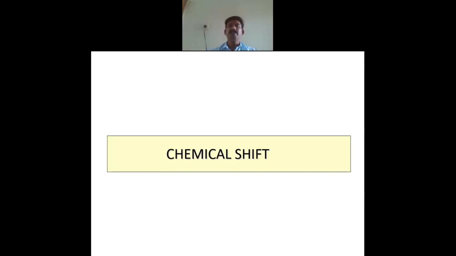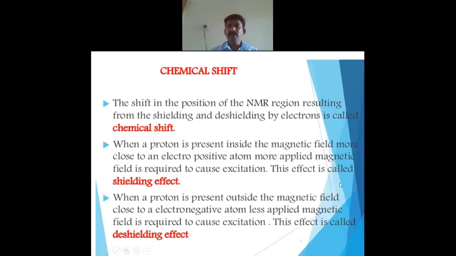So what is meant by the chemical shift? What is the definition? The chemical shift is the shift in the position of the NMR signal within the 0 to 10 range, resulting from the shielding and deshielding of protons by electrons.